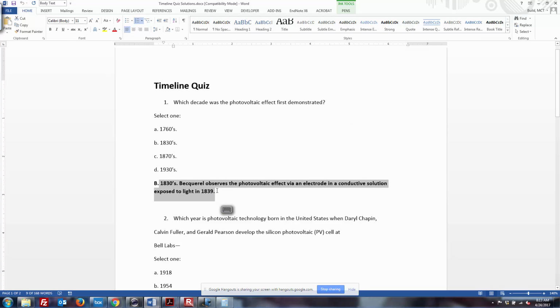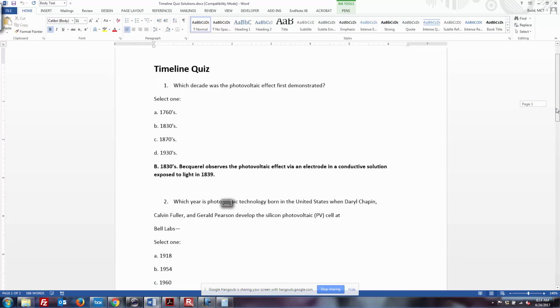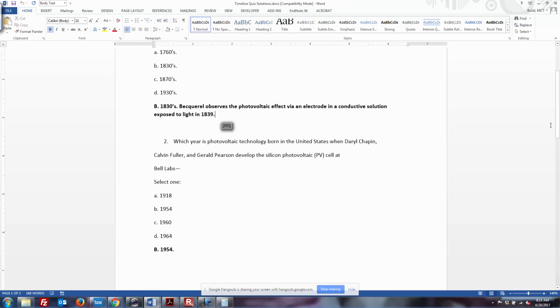1830s. This is Becquerel observing the photovoltaic effect via an electrode exposed to light. So like a lot of experiments, a lot of discoveries, it was probably an accident. He had his conductive solution, some photons came in, and oh my gosh, here's more voltage. Okay, which year is photovoltaic technology born?